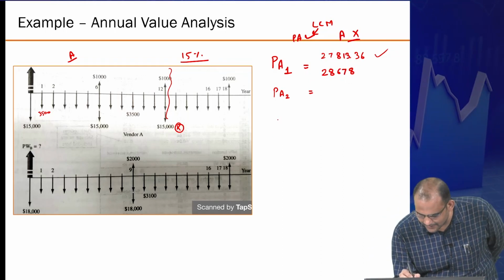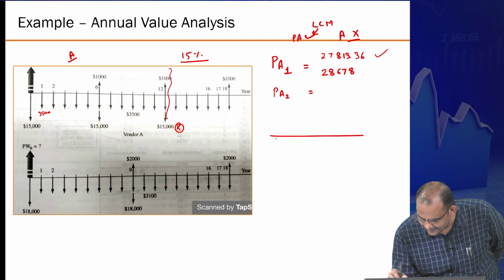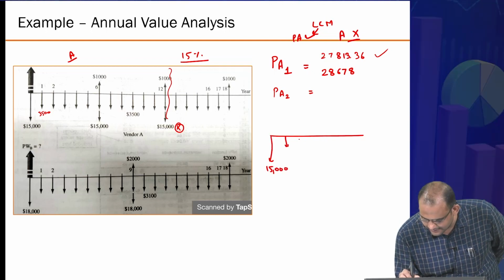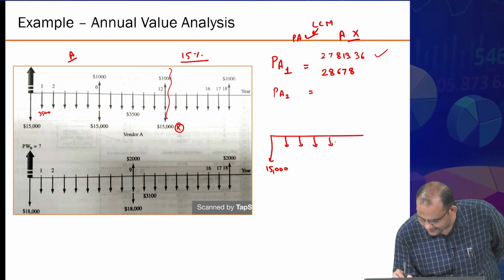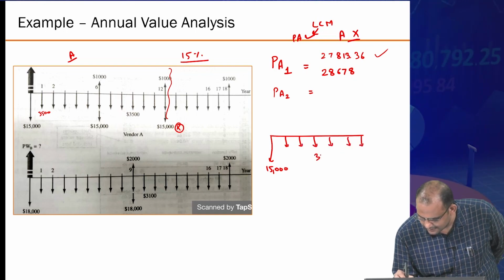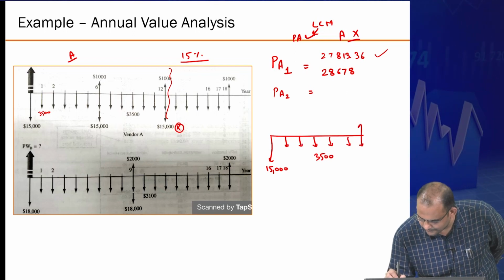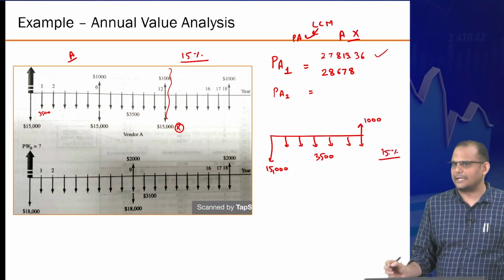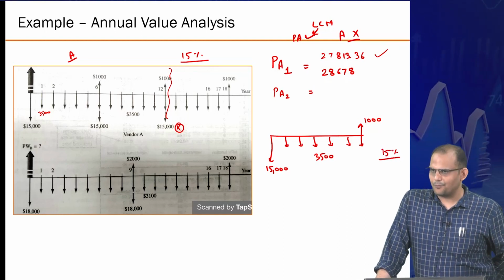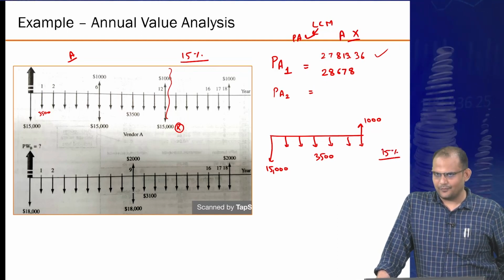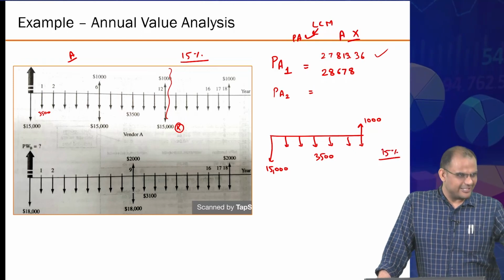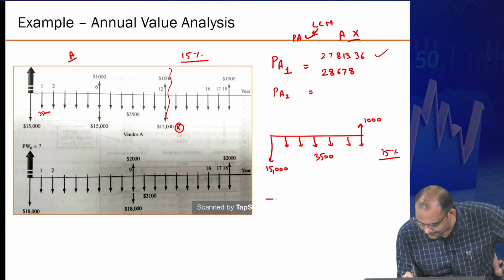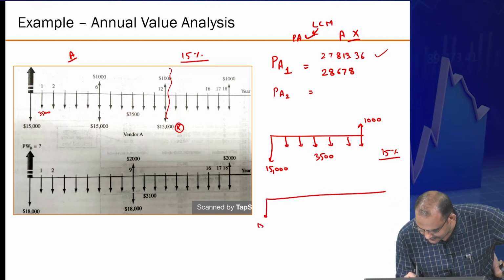Let me make it a little bit clearer to you guys. What I am asking you to calculate is simply, what is this answer? 27,813 point something something. Okay, now give me the answer of this series.